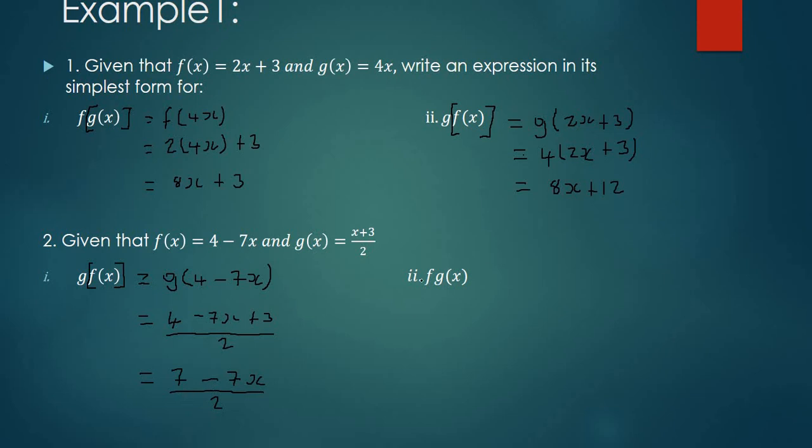For the second part now, we're asked to find f of g of x. So this means we are putting the function g of x into the function f of x. So in other words, we want to find f of, instead of putting g of x here, we know that g of x is x plus 3 all over 2. So what we want to find is f of x plus 3 all over 2.